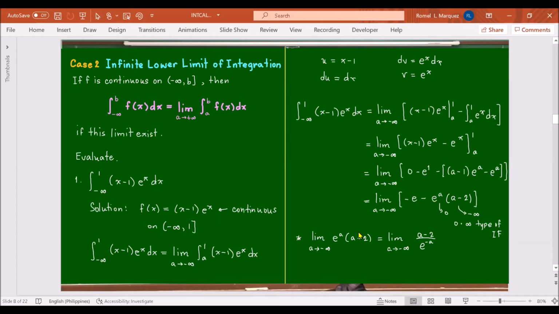I rewrote this in terms of (a minus 2) over e to the negative a so that we come up with negative infinity over positive infinity, getting an infinity over infinity type of indeterminate form.